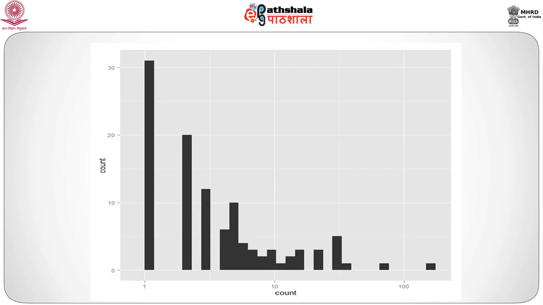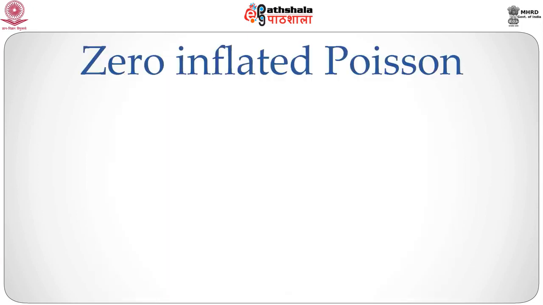The unique phenomenon about this histogram is that while it can generally be assumed to follow a Poisson distribution, the number of zeros in the data is considerably in excess of what we expect to see if we had indeed a Poisson distribution. Such distributions are called zero inflated count distributions. And in this module, we will look at some popular methods for modeling zero inflated counts.